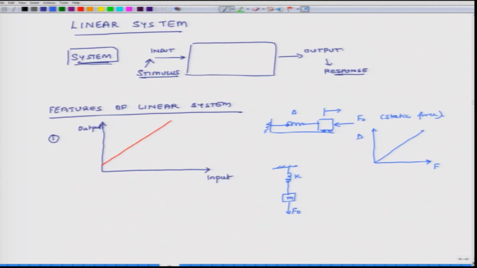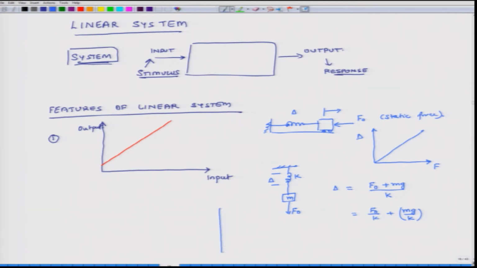So, in this case the deflection in the spring delta will be what? It will be F naught plus mg divided by k. So, this will be equal to F naught over k plus mg over k.